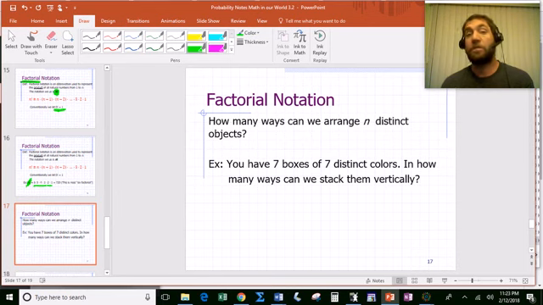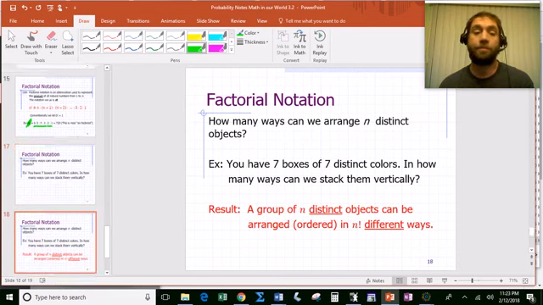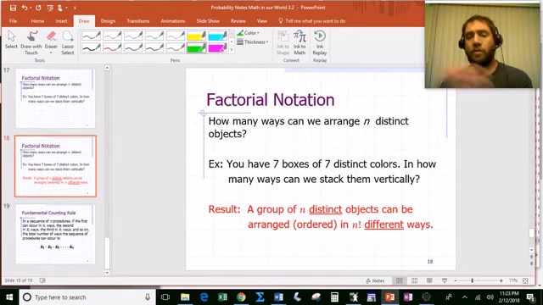This is a direct result of the fundamental counting rule. So that number 7 could be anything. We could generalize this and say if you have n objects and they're all different, they could be rearranged in n factorial different ways. We'll use this factorial notation a bit, especially in the next section when we develop the two formulas for permutations and combinations.